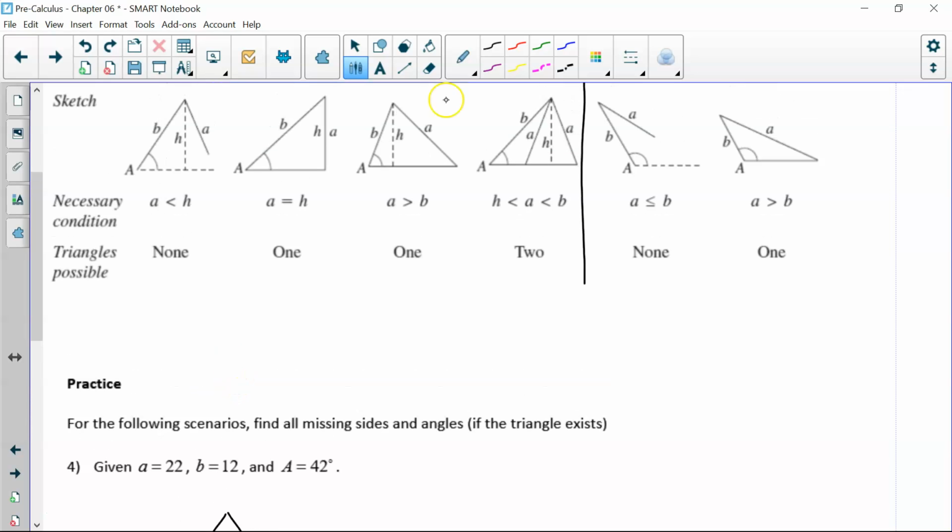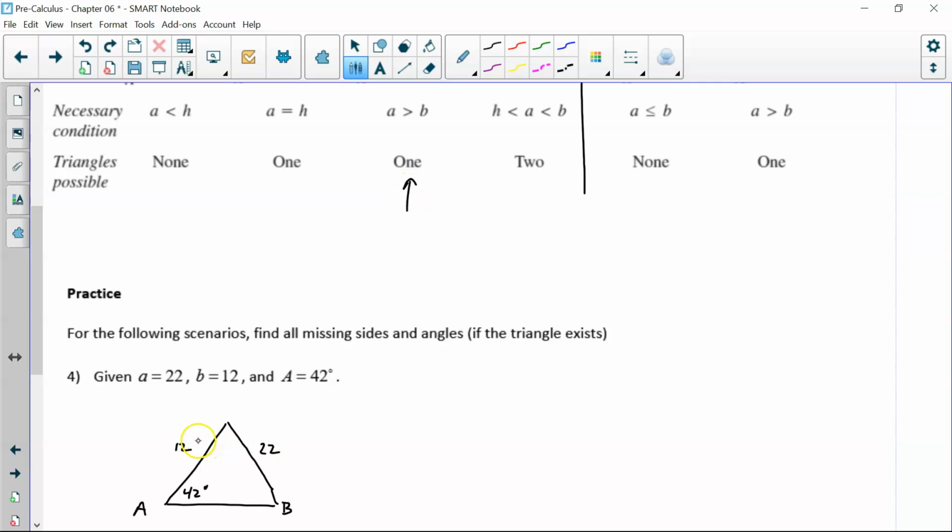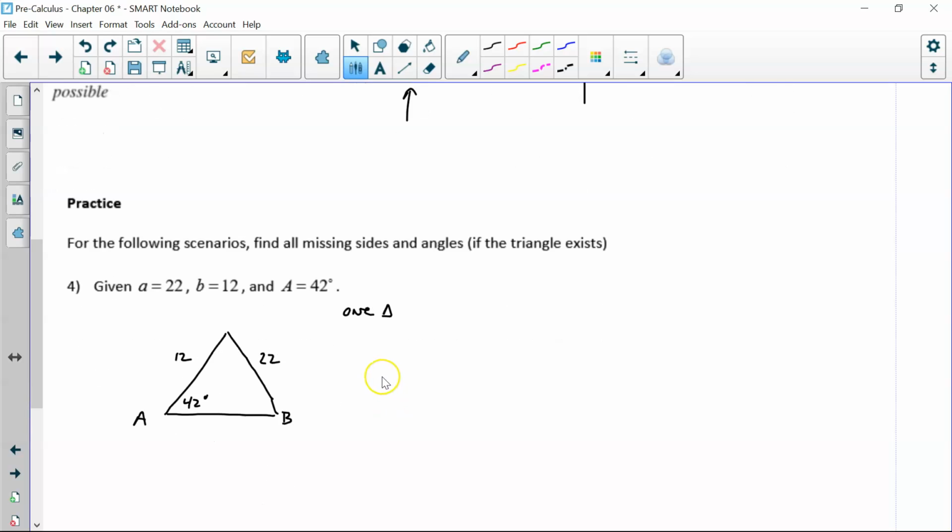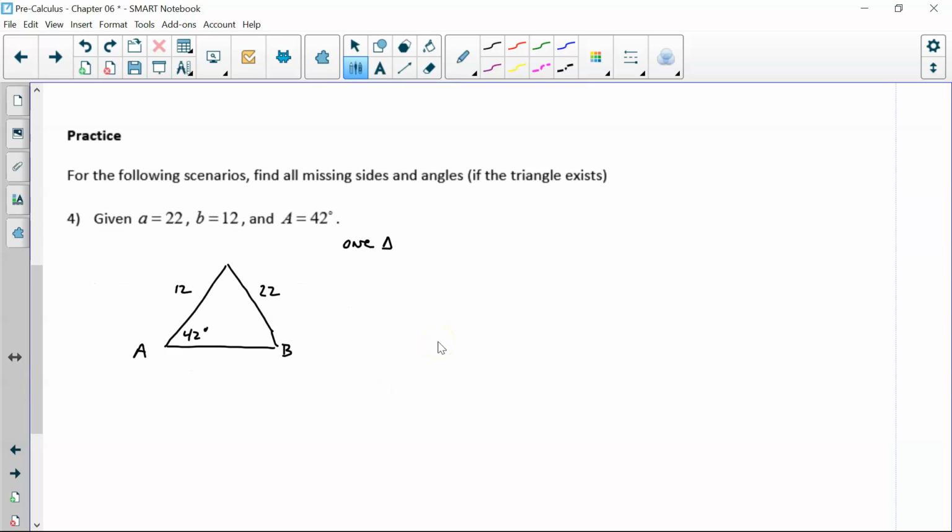Looking at the scenarios above with those two sides, we see this case where A is greater than B. So we have one triangle. Now we can use our law of sines to find the missing sides and angles. A over the sine of A equals B over the sine of B. I'm going to start there because that's the information I know so far.